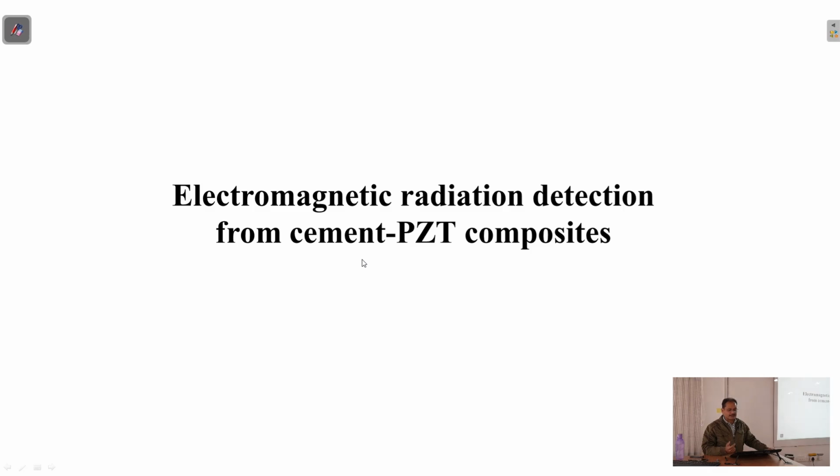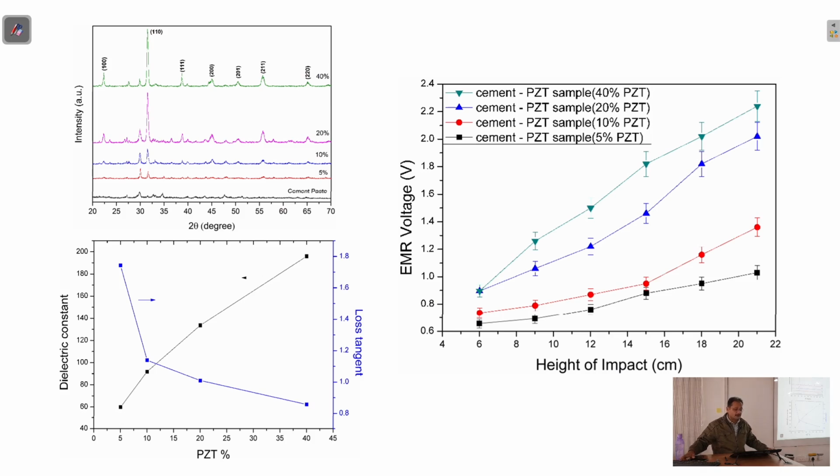So now this is with a composite of cement as well as PZT, so that we could get some higher values. Here we have some results for the pure cement and PZT samples, with a variation of PZT content from 5%, 10% up to 40%.